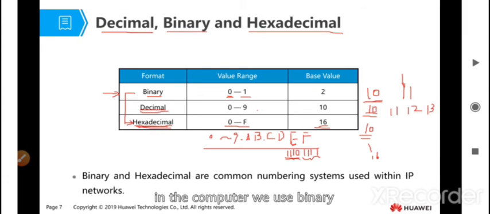In the computer, we actually use binary, but for our writing, we use hexadecimal to abbreviate the expression.